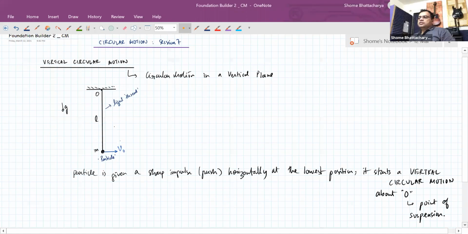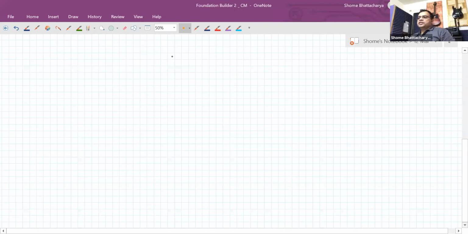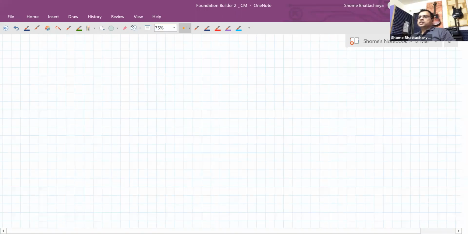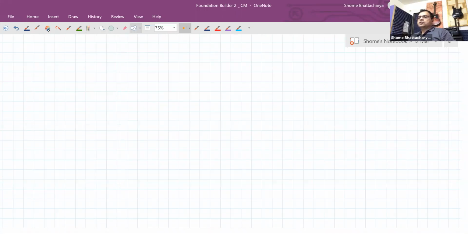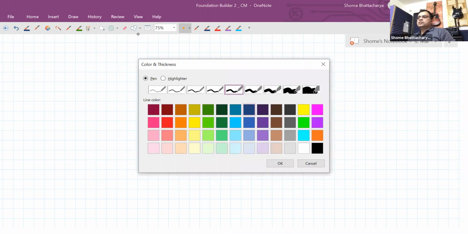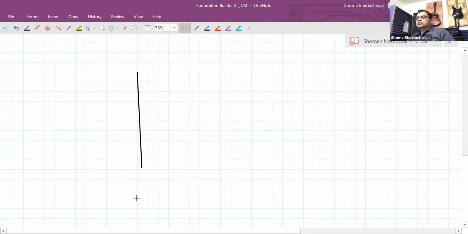So what will happen here now is that we compare the position of the particle from where it started at the lowest point with the position after some time. That's the next thing we'll do now. In a certain amount of time, the particle has gone from here to now somewhere over here.